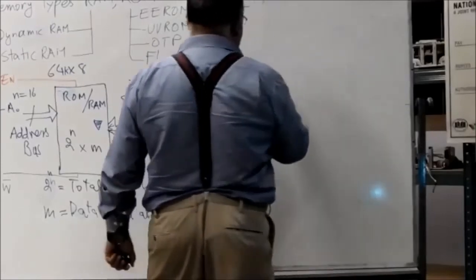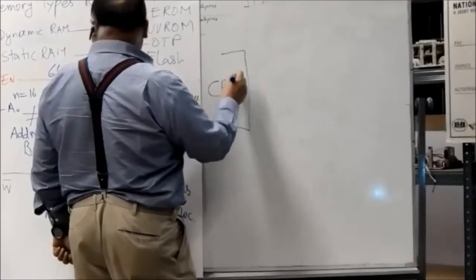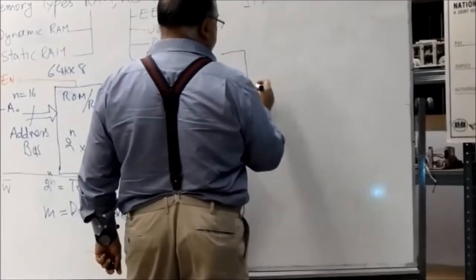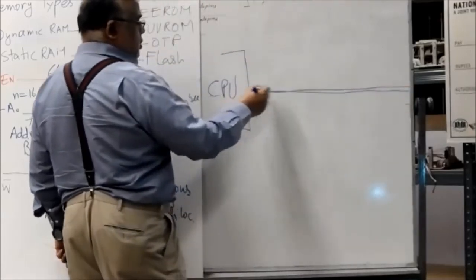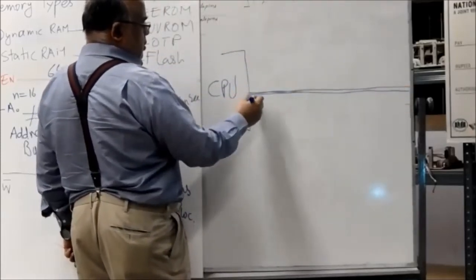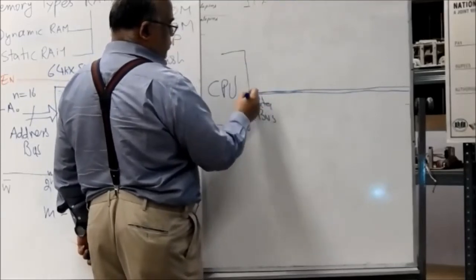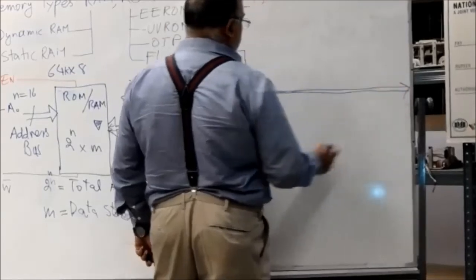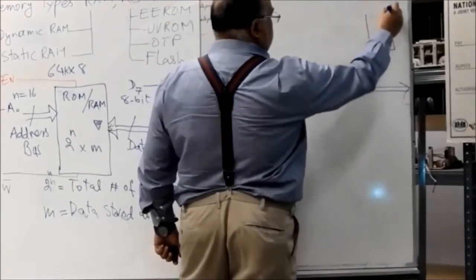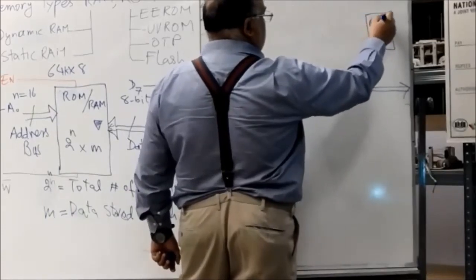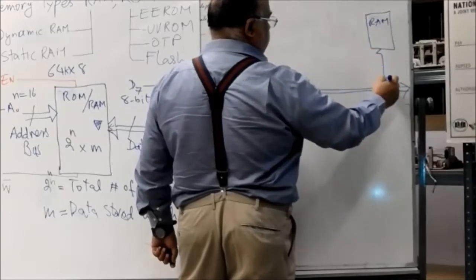So basically, this is the processor. The processor also has a data bus, and there are many peripheral devices or memories connected to it. This could be RAM that is connected to this bus.